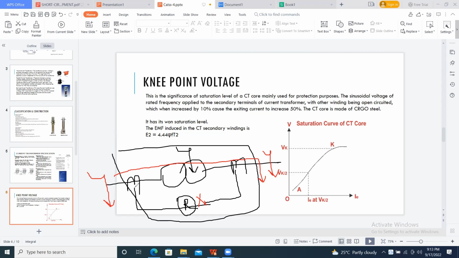What I'm saying is that these two have different magnetizing characteristics. When reaching the knee point voltage, with a small increase in voltage, you can see a large increase in the excitation current. This may lead to a mismatch in the secondary currents, and the relay may operate, which is a mal-operation.